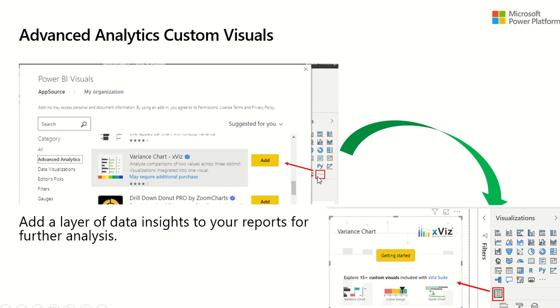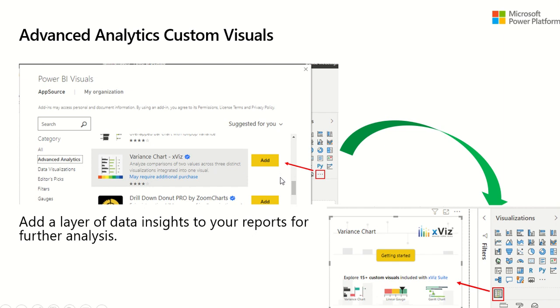When you click on these triple dots, it will help you to load additional visuals, and you can select a particular one. There are some visuals that are set to be advanced. An example is a variance chart. A variance chart will add a layer of data insights to our report, which you can use for further analysis. That's what a variance chart can do for us.